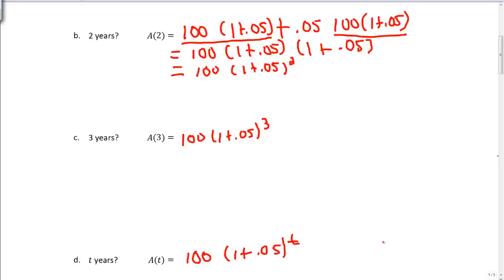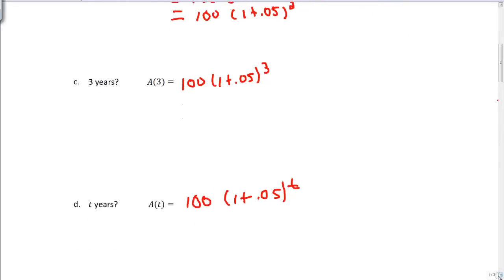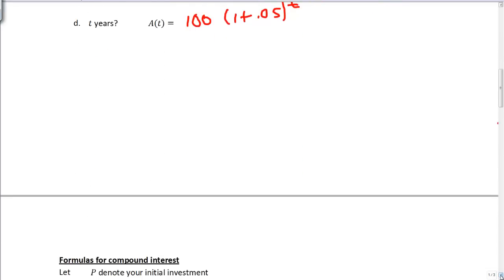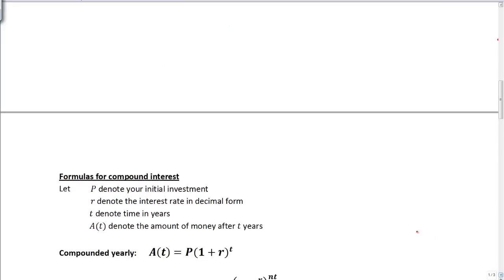So raised to the T. And that's exactly where we get this formula for the amount of money in an account when you start off with an initial investment of P dollars, and the interest rate is R in decimal form, and you leave it in there for T years, then the amount of money after those T years in the account will be A of T equals P times 1 plus R raised to the T power.